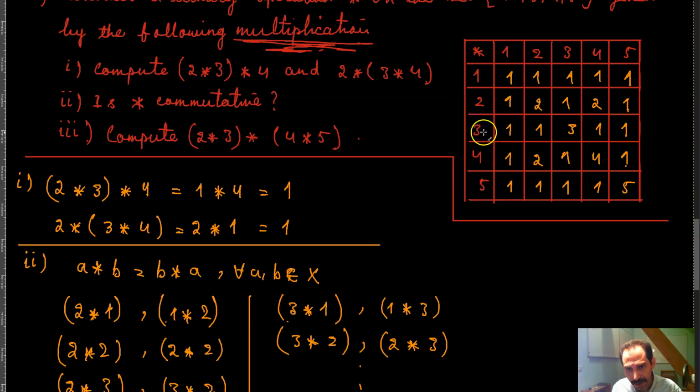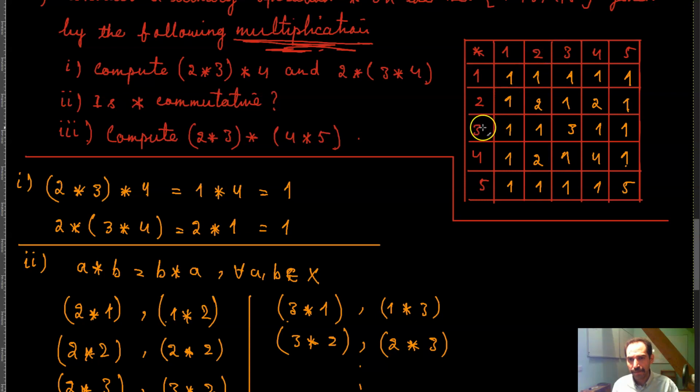If you start with 3, then 3 star 1 is equal to 1. 1 star 3 is equal to 1. 3 star 2 is equal to 1. Let me go a little bit more slowly. 3 star 1 is equal to 1. 1 star 3 is equal to 1. 3 star 2 is equal to 1. 2 star 3 is equal to 1. 3 star 3 is equal to 3, and 3 star 3 is equal to 3 again.